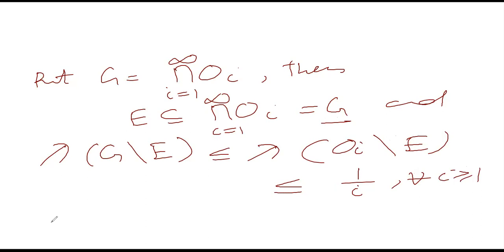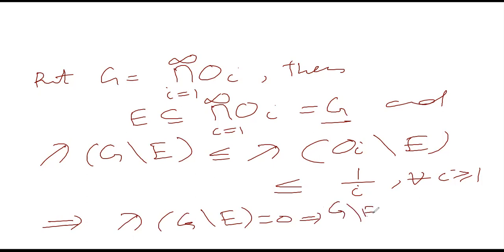Letting i approach infinity, we get the Lebesgue measure of G minus E is 0, which implies G minus E is a null set. So that means G minus E is measurable, because every null set is measurable.